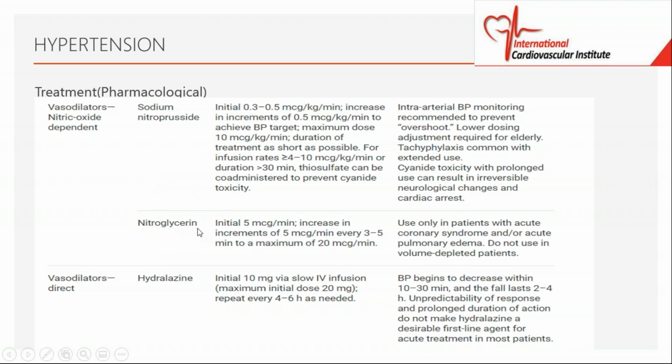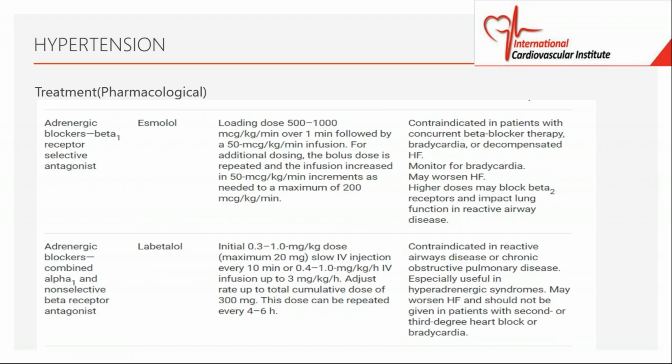Nitroglycerin, intravenous nitroglycerin, especially if the patient presents with heart failure or any coronary artery disease. Hydralazine, we don't use that too much. It's used especially in obstetrics and gynecology, but in the intensive care unit, we tend to use bigger guns.